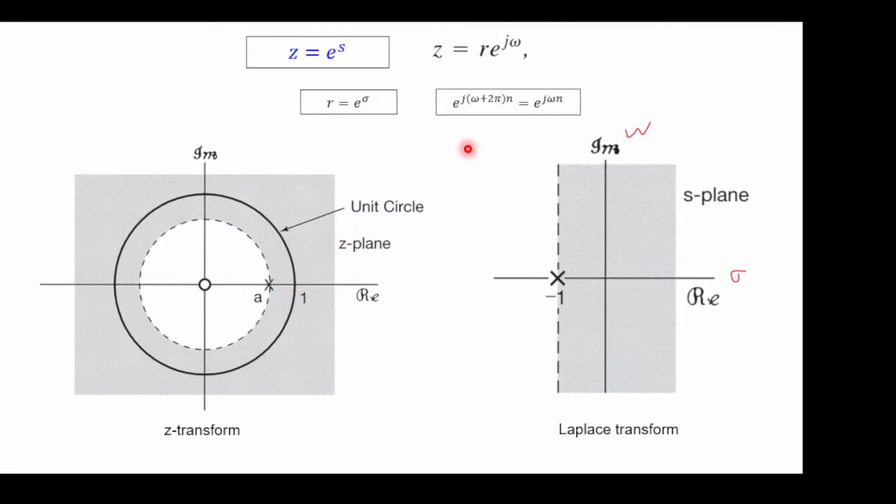Now this omega kind of wraps around, because you take this exponential. So those e to the j omega: if you go omega from 0 to 2 pi, that just means you go from angle 0 to angle 2 pi, so you are just going to take a circle in your z plane.